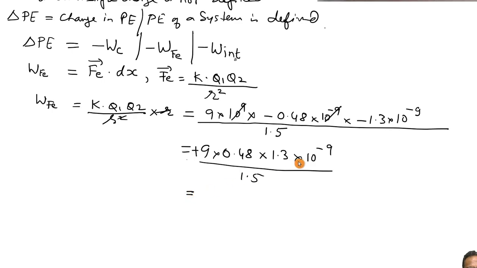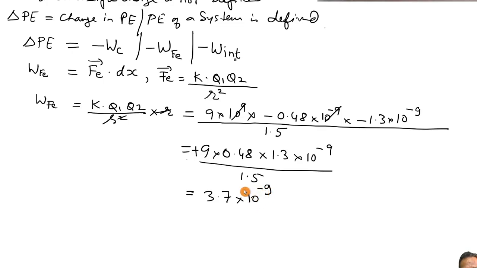So if you work this out, let me see what answer I am getting. 9 into 0.48 into 1.3 divided by 1.5 is 3.7. It's 3.74, but I'll write 3.7, and this into 10 raised to minus 9.